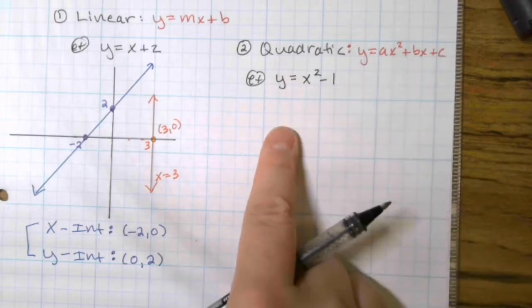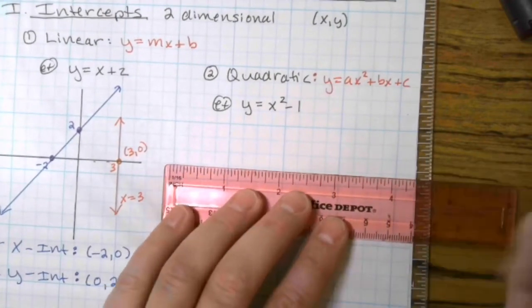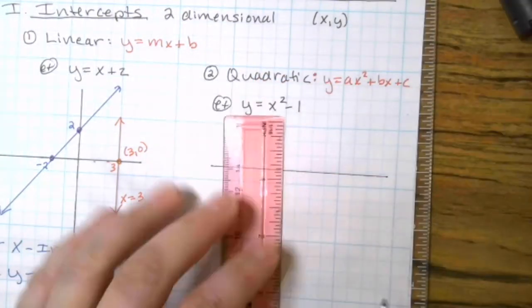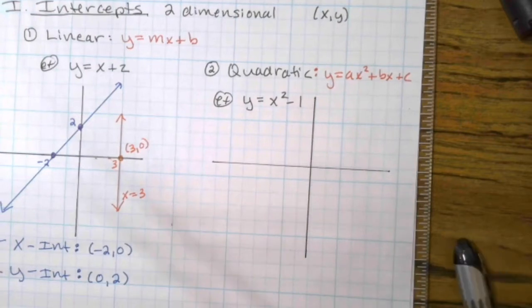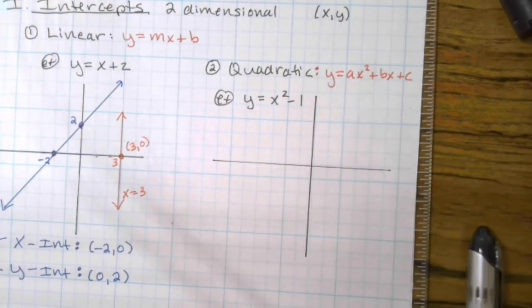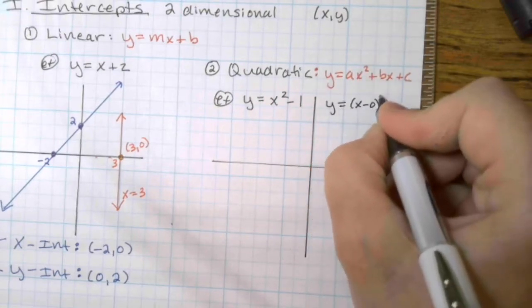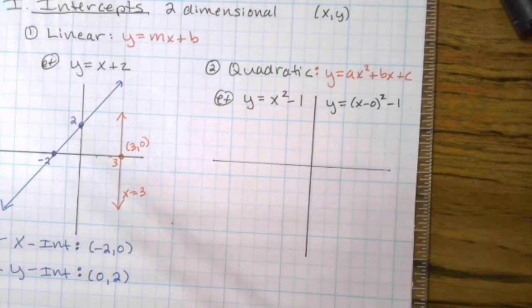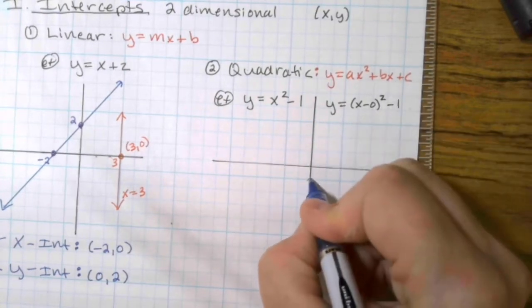You can tell the x is squared. It's going to be a quadratic. So draw yourself a pair of axes. And if you wanted to put this in vertex form to help you graph it, it would be y equals (x minus 0) quantity squared, minus 1, which means that you have a vertex at 0, negative 1.